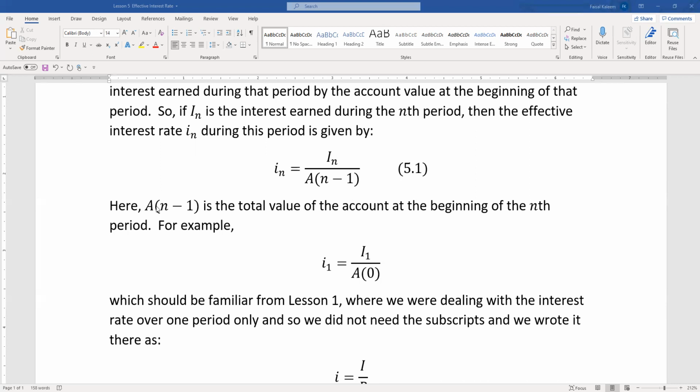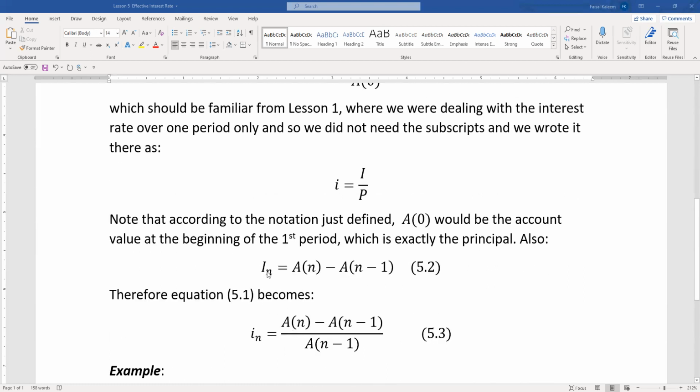So either you say A(n-1) is the value of the account at the beginning of the nth period, or at the end of the (n-1)th period. If you use the word end, then the argument here and the letter here will match.